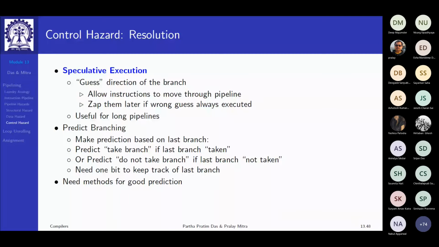This loop is just these two, right? Now the linear part deals with the data hazards, right? So that we have already taken care of. For the branch, we can try to do some prediction based on the previous information. We can make a prediction based on the last branching. So you say take the branch if the last branch was taken, or do not take the branch if it was not taken, right? So you'll ask how good is that?